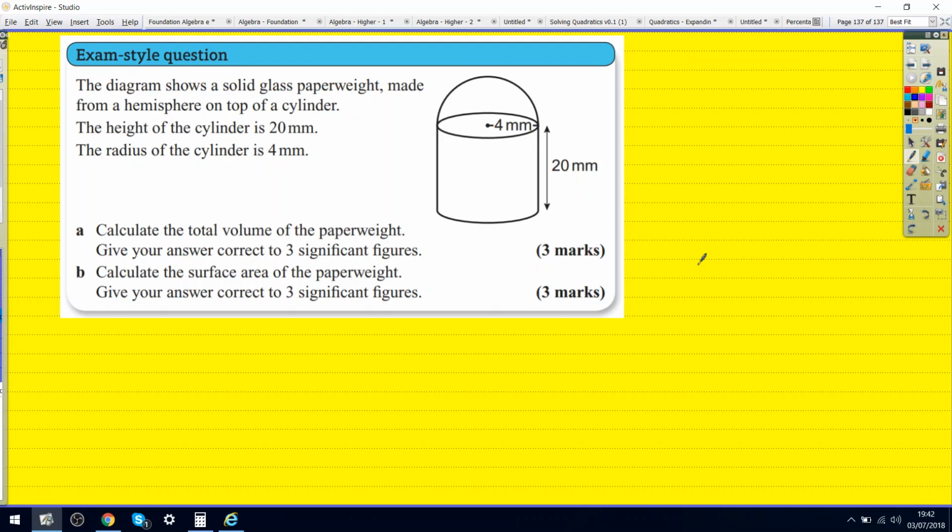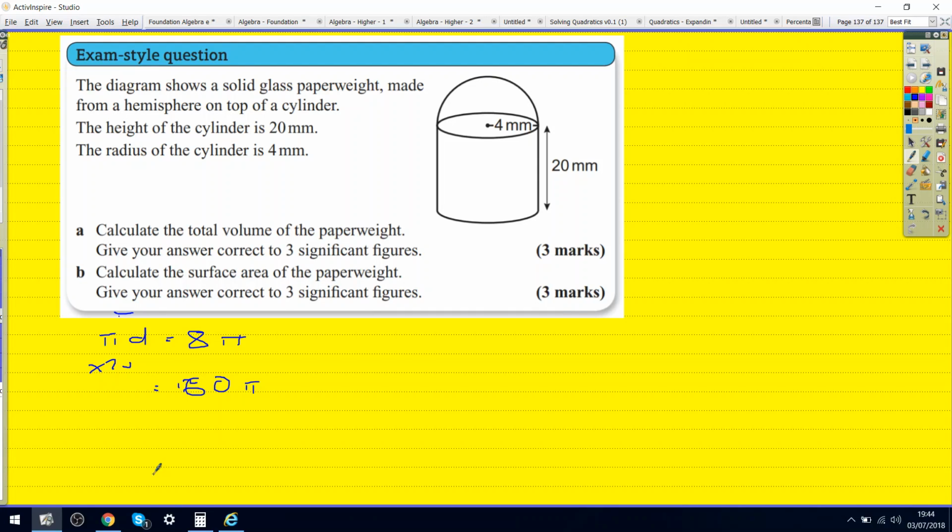So basically now we have the area of the base and the side, and we need the area of the dome on top, and to get that we use 4 pi r squared. How did we find the surface area of the sphere?